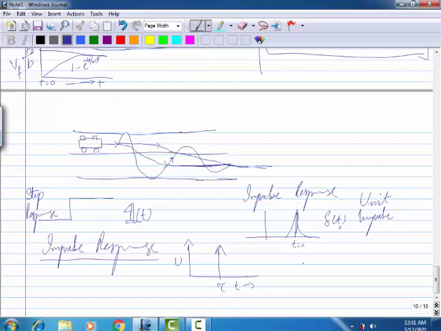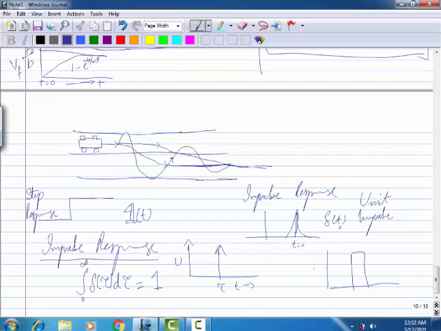And we say that if I take the integral of this impulse from 0 to infinity of delta tau d tau, it becomes 1, that is the unit. This means that if I take the integral of the impulse, it becomes the unit step. Now the mathematical definition of impulse, which you already know, just a revision, has two parts.